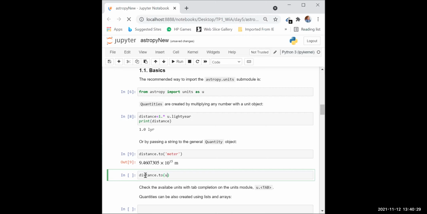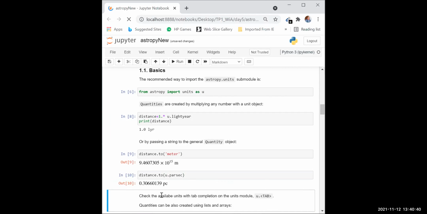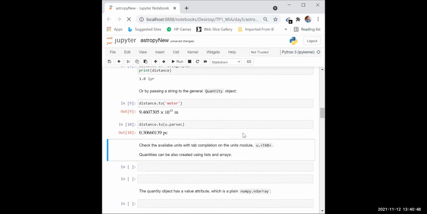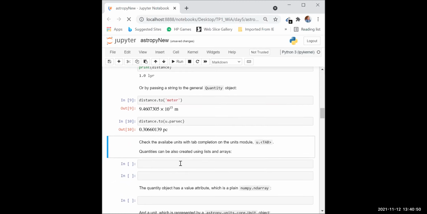So parsec is defined in the Astropy, and I say parsec. Yeah, distance to parsec. And in parsecs, 1 light year is 0.306619 parsecs.